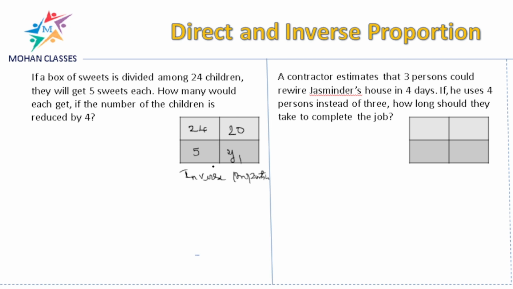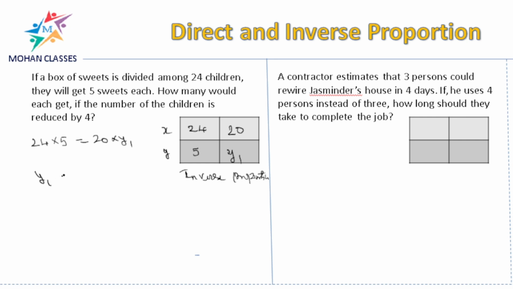You have to understand what proportion is. Here it is x, here it is y, right? So what is the ratio? x1 y1 is equal to x2 y2, right? So 24 into 5 is equal to 20 into y1.